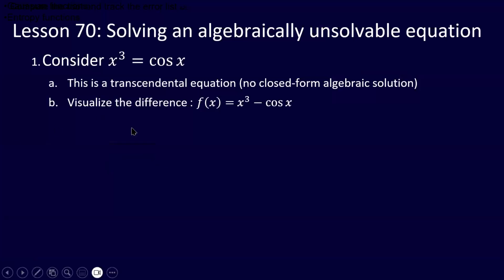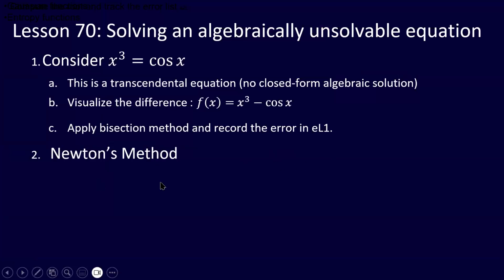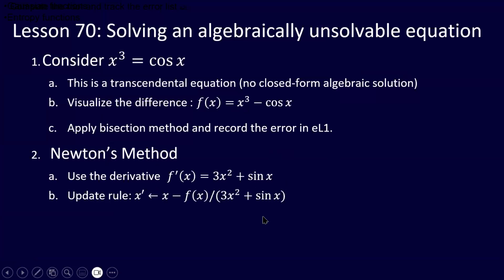In the bisection method, it's the same. But in Newton's method, of course, we should calculate f prime, the derivative of f. If you differentiate this, you get 3x squared plus sine x. So we have to change that.